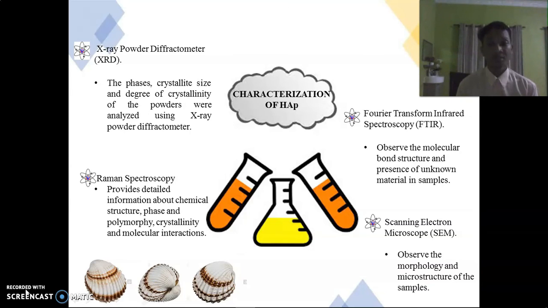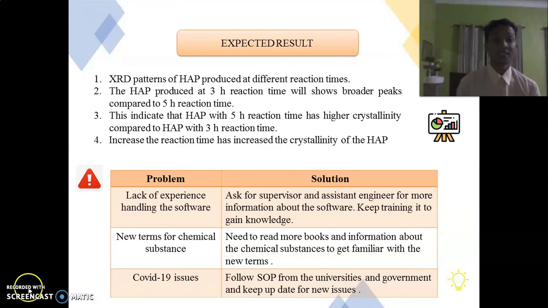Next, Raman spectroscopy provides detailed information about chemical structure, phase, polymorphism, crystallinity and molecular interaction. Next, FTIR observes the molecular bond structure and the presence of unknown materials in the sample. For the last process is SEM, where we observe the morphology and microstructure of the sample.